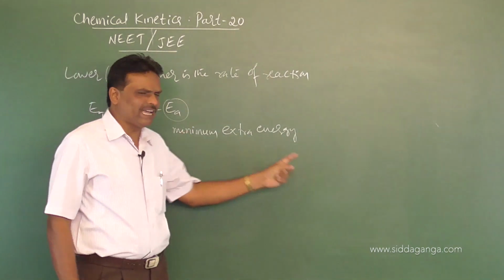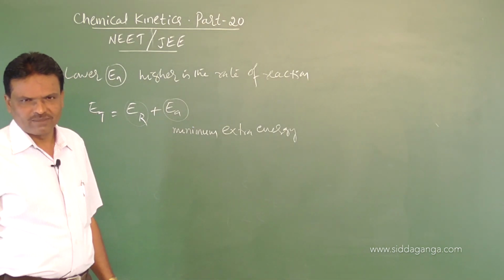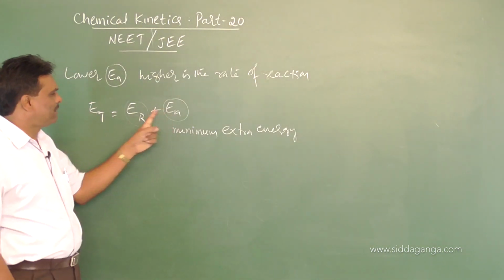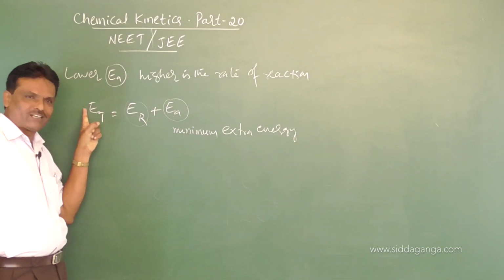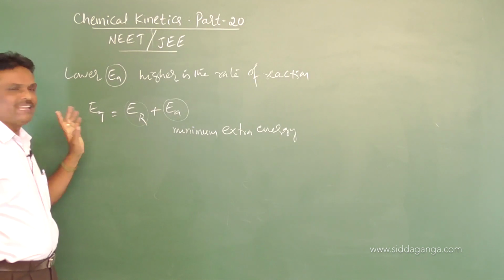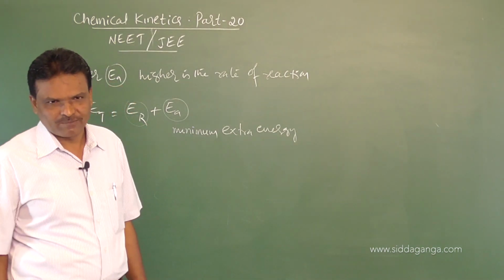Such an amount of energy is called the activation energy. If the minimum amount of energy is supplied to the inactive reactant molecules so that their energy becomes equal to the threshold energy, then only the reaction starts. Otherwise, no reaction takes place.